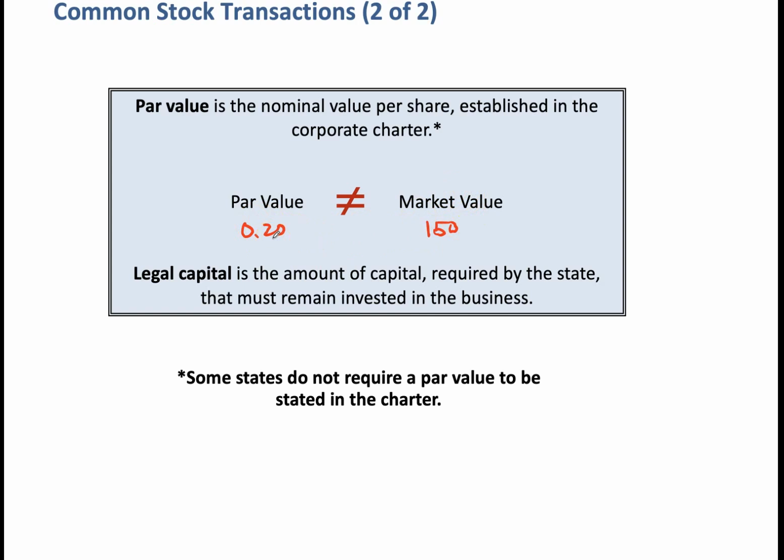The idea of par value is that in some of the states, the state requires a company to maintain a certain amount of capital called the legal capital. So the par value is set to basically satisfy the requirement of the state to maintain certain legal capital. Of course, some states do not require legal capital, and some companies do not have par value.